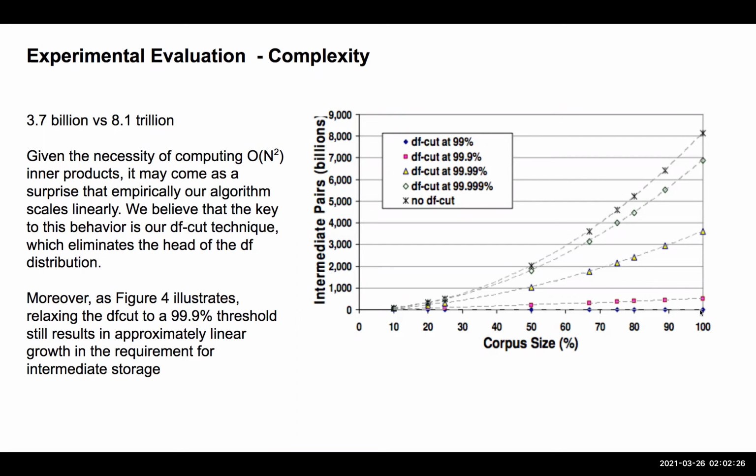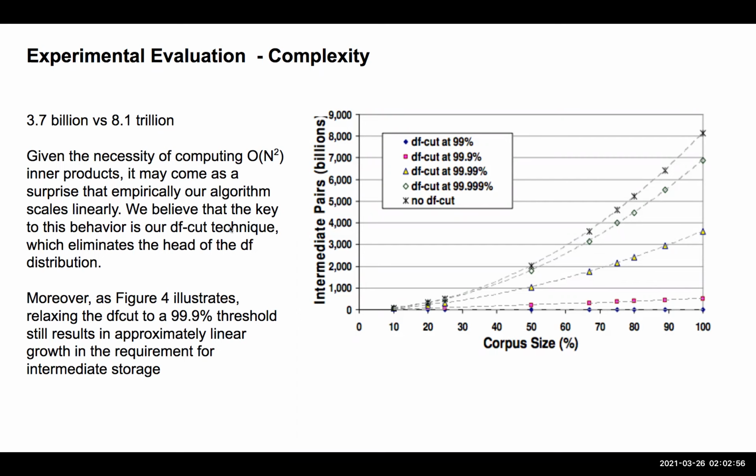If you remove the 1% of most frequent terms, the number of intermediate pairs is only 3.7 billion, while if you don't, the number will be 8.1 trillion. It's a huge difference.